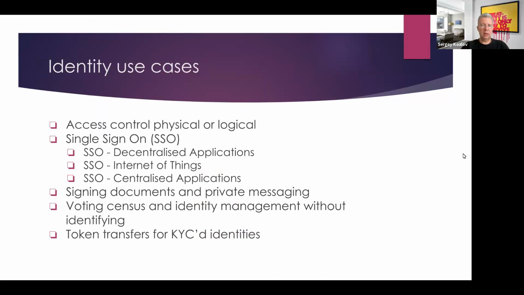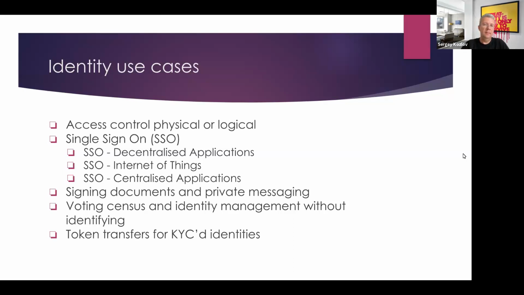So what else can we do with our identities? Of course, access control, physical or logical. If I'm going to buy alcohol, I issue a proof that I am 21 years old. Single sign-on: for decentralized applications, if you want to log into a certain website without revealing your personal details, you can use a ZK proof to log in, and the website will not know who you are. The only thing the website will know is that you have access.